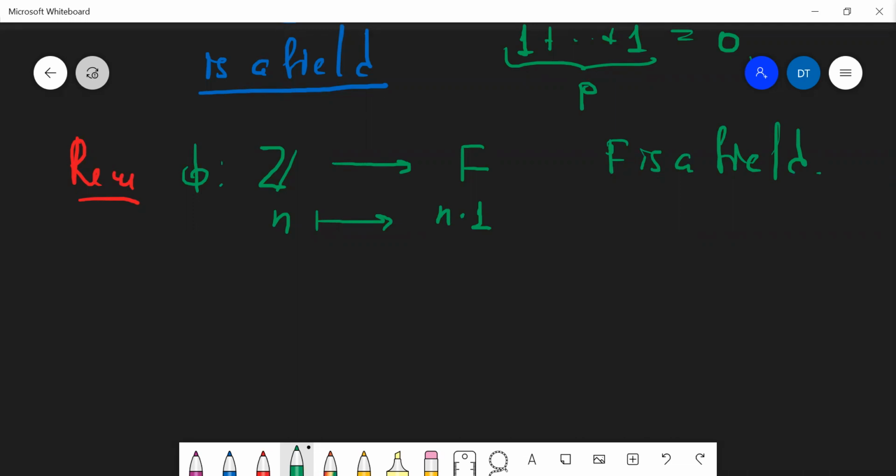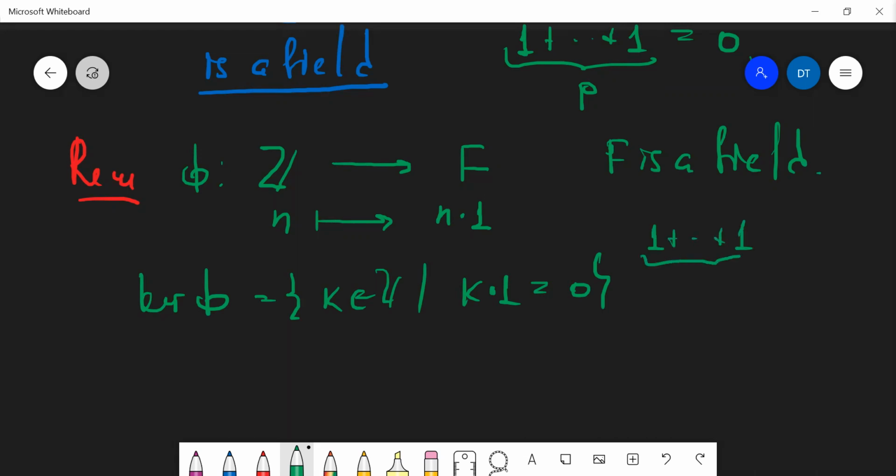Now let's take a look at the kernel of this homomorphism. The kernel of phi is the set of all integers k such that k times 1 equals 0. For positive k, this simply means that I want to add the element 1 k times and I want to get 0.